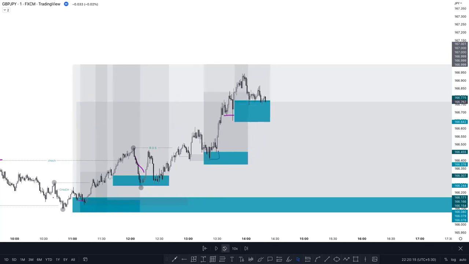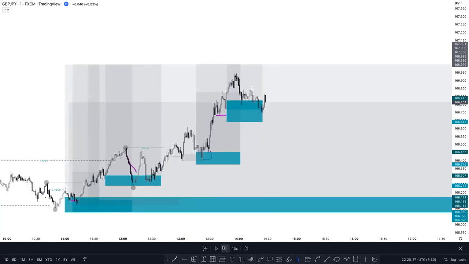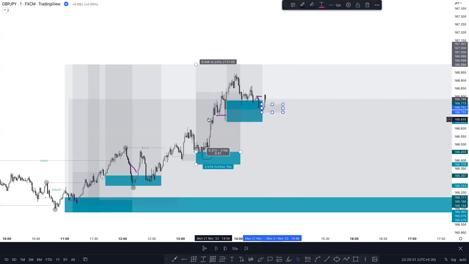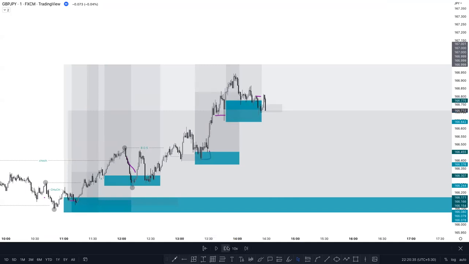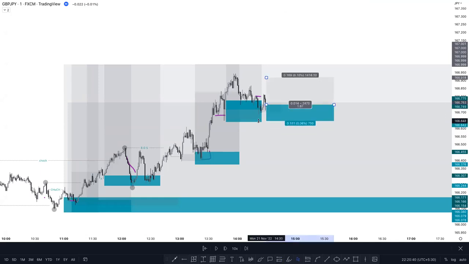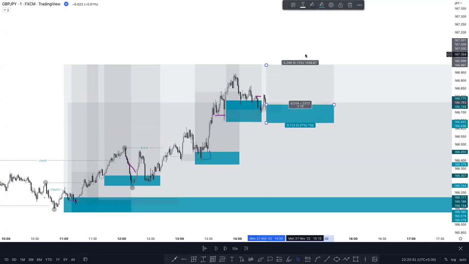Okay, you can take another entry like an unmitigated break, and this becomes our new change of character, and one more entry is possible here. Perfect. Put the stop loss just below it, and target is here.